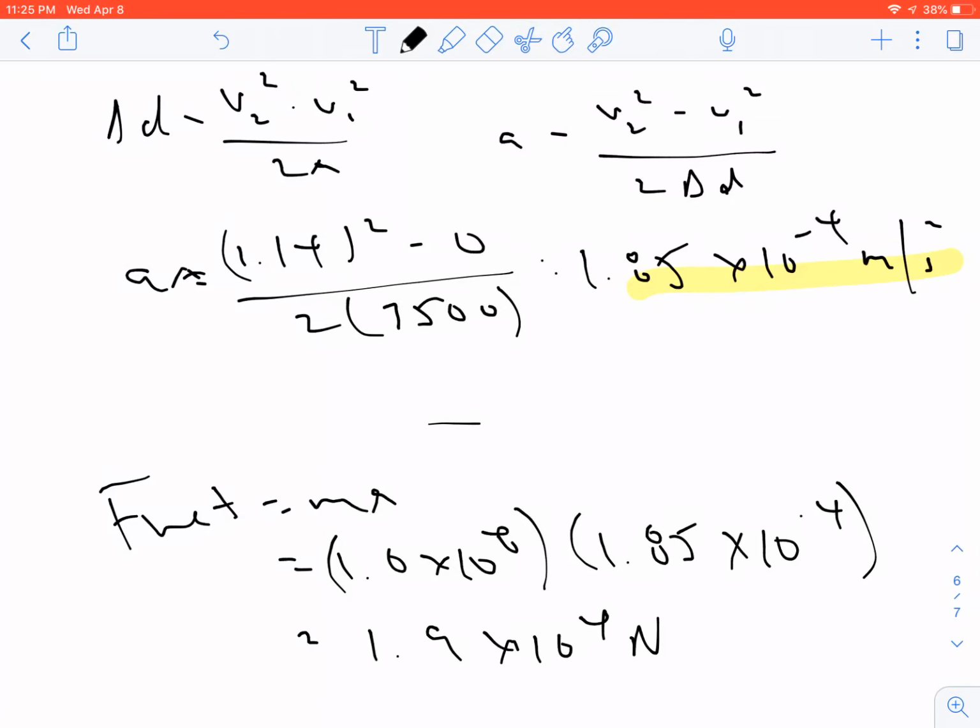Notice I've only got 2 sig digs because of the numbers in the question: 1.0 times 10 to the 8 kilograms, 3.5 kilometers, 4.1 kilometers per hour. So my answer should have 2 sig digs.